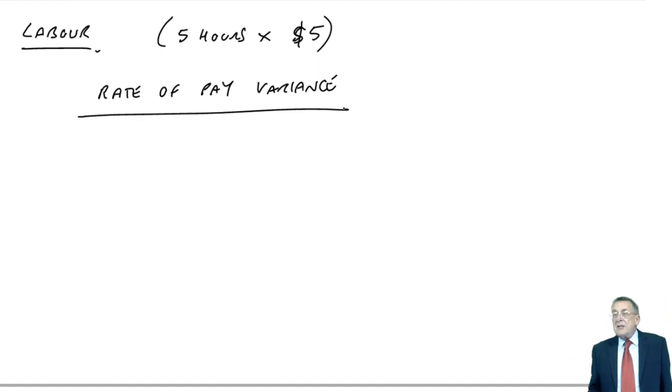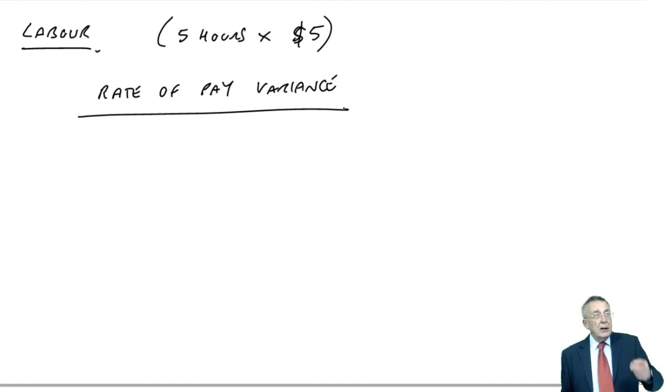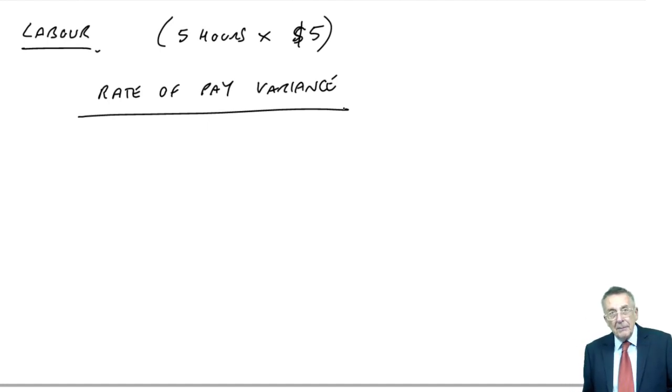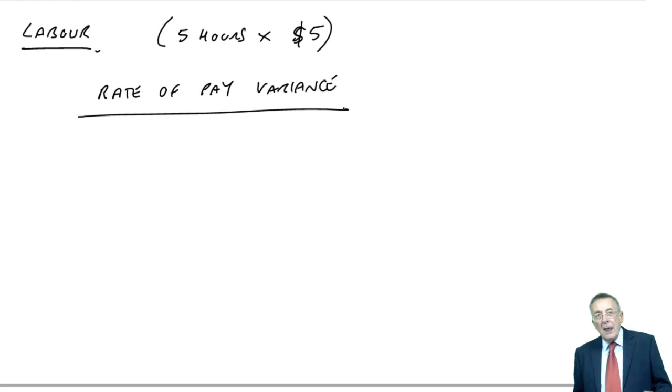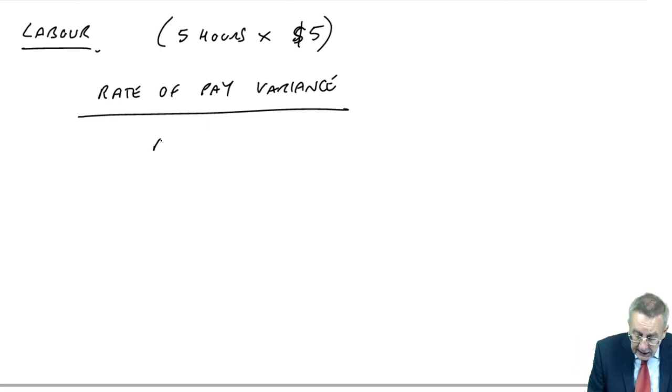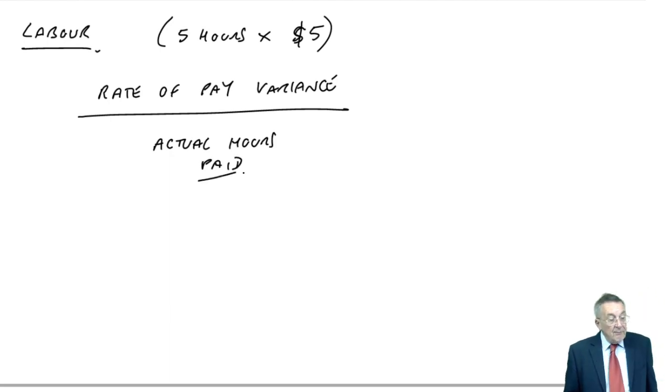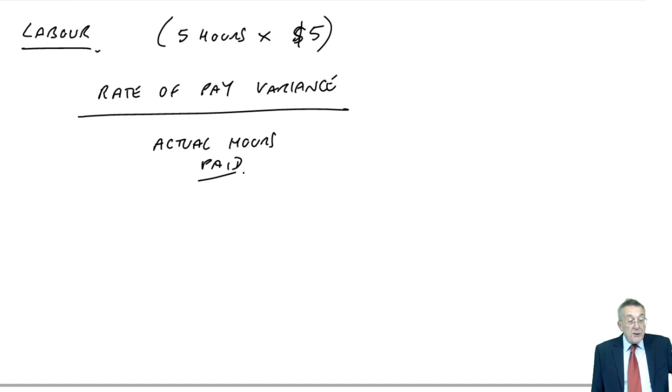And it's a bit like materials in that we say, rightly or wrongly, how many hours did we pay for? And we check how much we paid and how much should we have paid. So we take the actual hours paid, and if you look at the question, it says we paid for 45,400 hours.